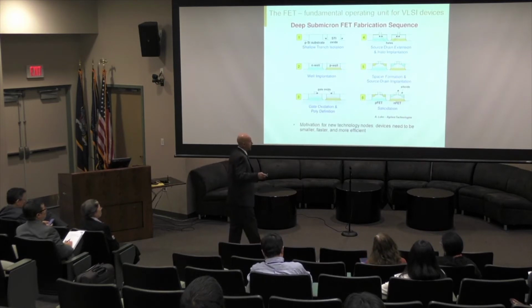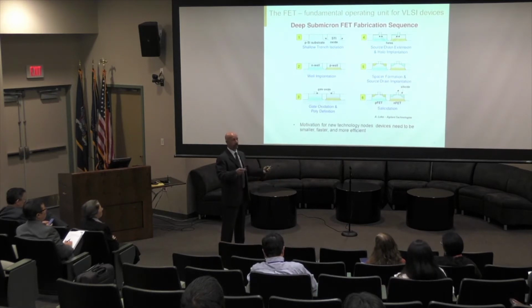Okay, that's just a quick overview of what the PFET and the NFET are. They're different polarities. One would switch on with a positive polarity, other one would switch on with a negative polarity. They're basically just an on-off switch. That's it. And when you add hundreds, thousands, tens of thousands, millions of these, now you get functionality out of a chip.